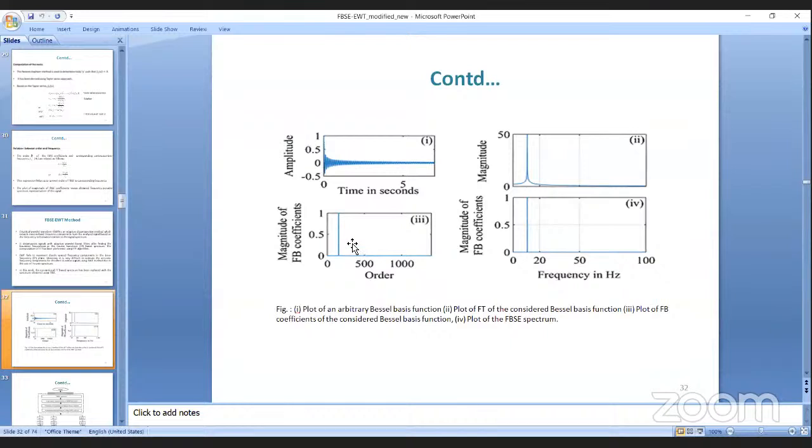Based on the order and frequency relation, we can convert this FBSE versus order plot into FB coefficient magnitude versus frequency. That gives you the spectrum. So here you can see the Fourier spectrum, and this is the FBSE based spectrum. The FBSE based spectrum is more compact than the Fourier based spectrum.